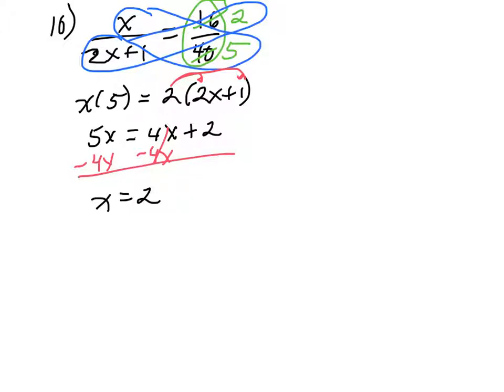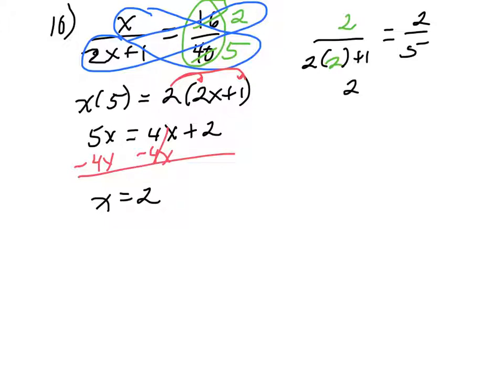So if I plug 2 in up top, and this is just a check, and I would only check it if I were taking a test. I'm going to put 2 in up top. I want to see, does that equal 2 over 5?